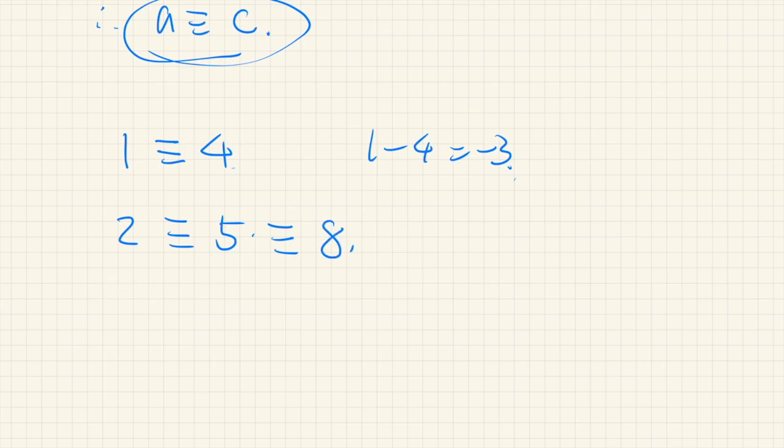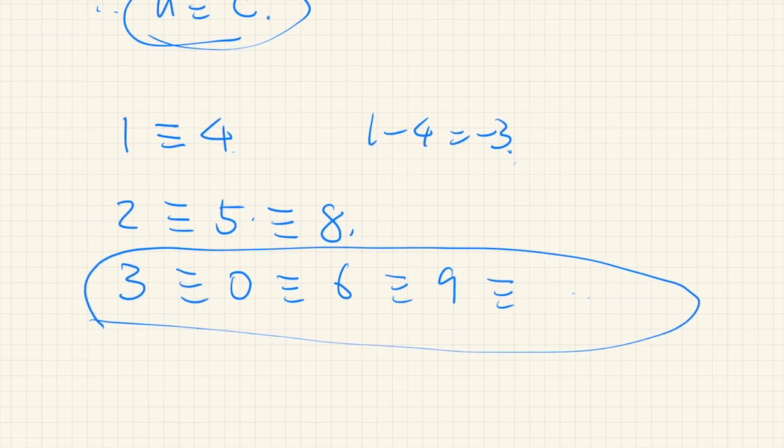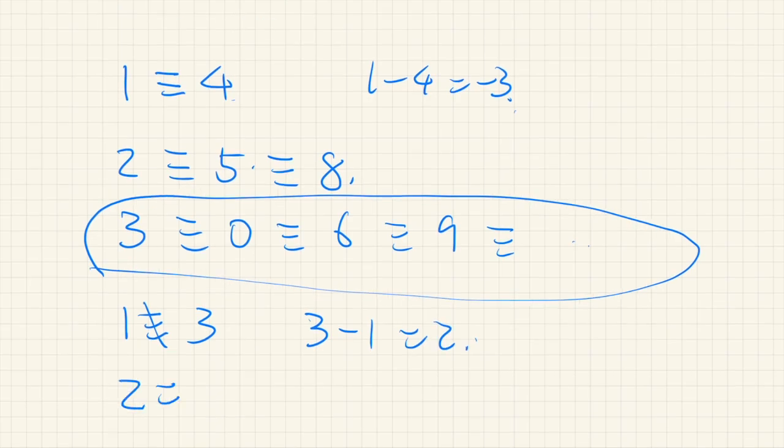And what about 3? Of course, it is congruent to 0, and it's also congruent to 6, and congruent to 9, and so on. As you can see, this is a multiple of 3. However, for example, 1 is not congruent to 3 because 3 minus 1 is 2, which is not a multiple of 3. And 2 is not congruent to 3 because 3 minus 2 is 1, which is not a multiple of 3.